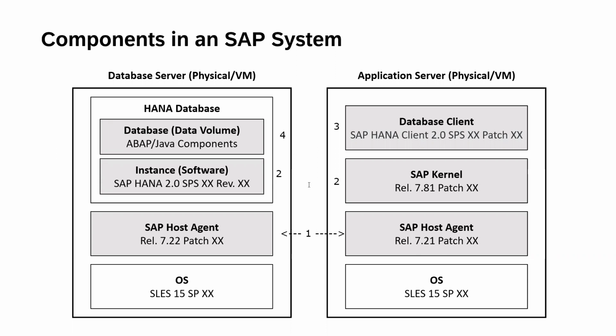If you see over here, we have not installed the database client on the database server. We have only installed the server, the IMDB server, HANA server 2.0. We have installed the client on the application server, because from here it is required to connect to your database.